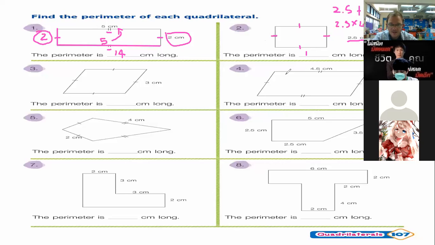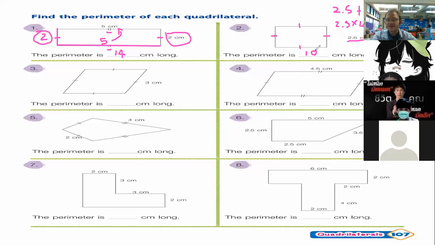The perimeter here. 2.5 times 4. Yes. Or 2.5 plus 2.5 plus 2.5 plus 2.5. 4 sides. 10. Excellent. Equals 10. You know 2.5 plus 2.5 is 5. So 5 plus 5 equals 10.